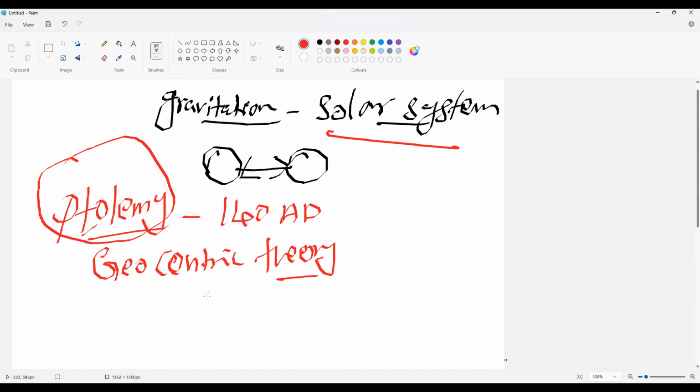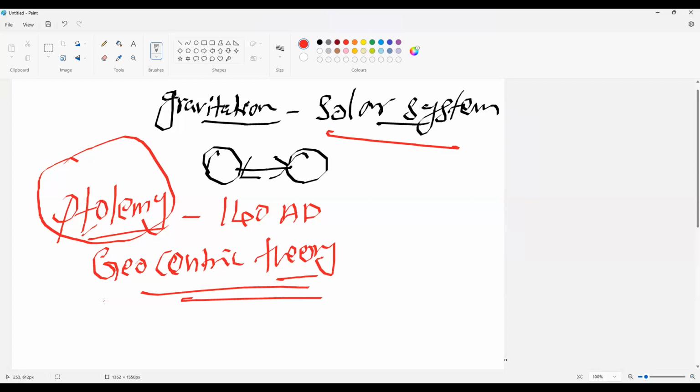This is called the geocentric theory: Earth at the center, all other planets revolving around it, as informed by the scientist Ptolemy. Are you all with me now?